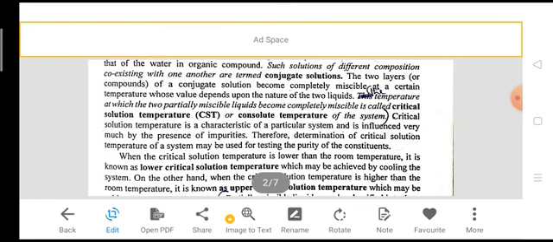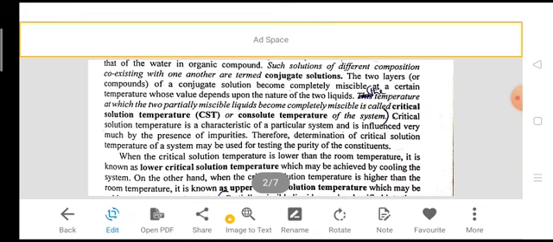The two layers of a conjugate solution become completely miscible at a certain temperature whose value depends upon the nature of the two liquids. So we can now define critical solution temperature: the temperature at which the two partially miscible liquids become completely miscible.